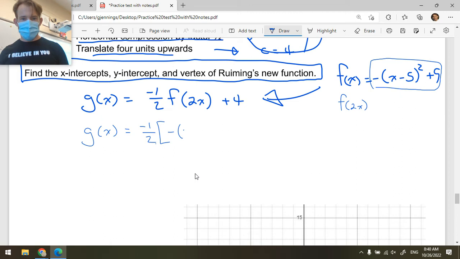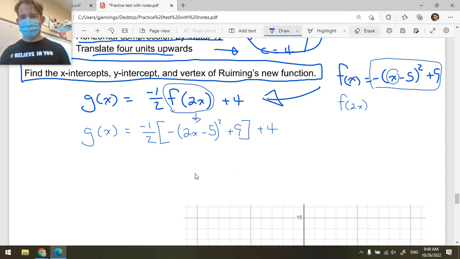So it's going to be 2x minus 5. I just substitute in 2x for x wherever I see it, so I put in 2x there, squared plus 9, in square bracket plus 4. Okay? So that was just substituting in f at 2x here inside this square bracket. All right, let's keep going.